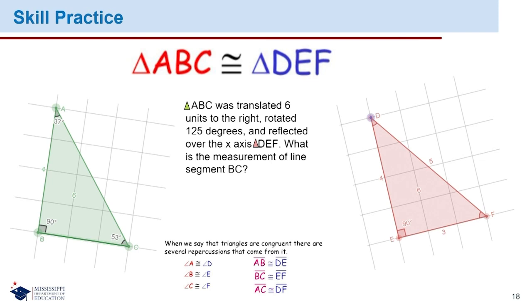Good, same concept. A translation is rigid, a rotation is rigid, and a reflection is rigid. So if BC is the same as EF, then BC would be a side length of 3.